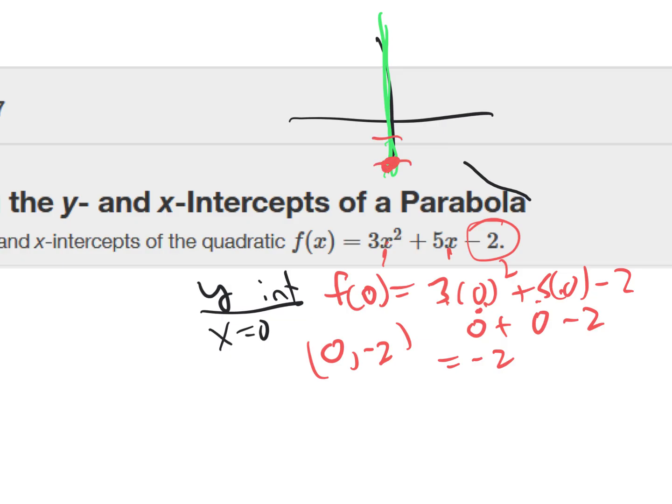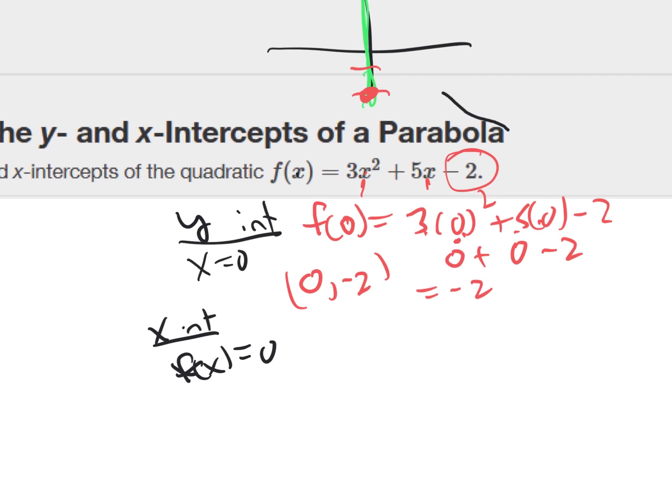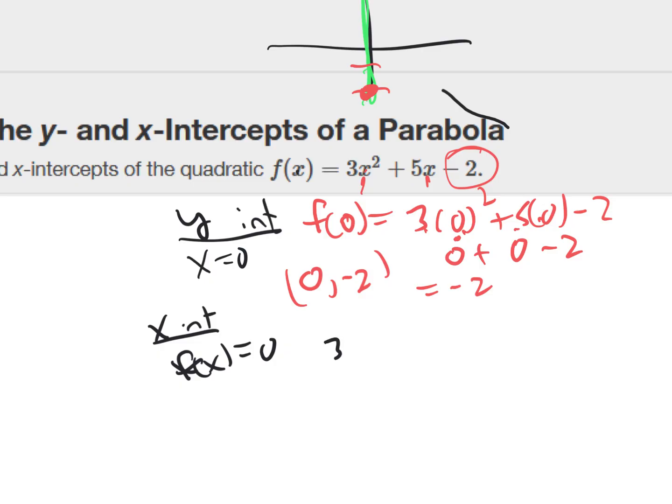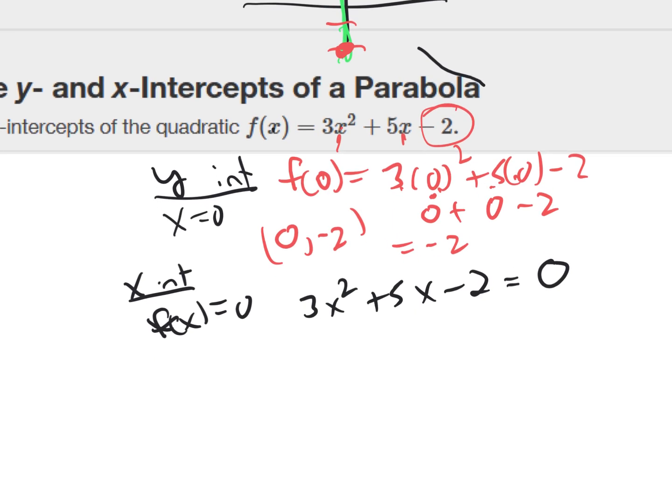Now we're going to find the x-intercepts. I take my f of x for my x-intercept. I say let f of x equal 0. So I'm going to write it out. 3x squared plus 5x minus 2 is 0. Now, we could factor this maybe, but we didn't do factoring in part 1. So I'm just going to do the quadratic formula real quick.